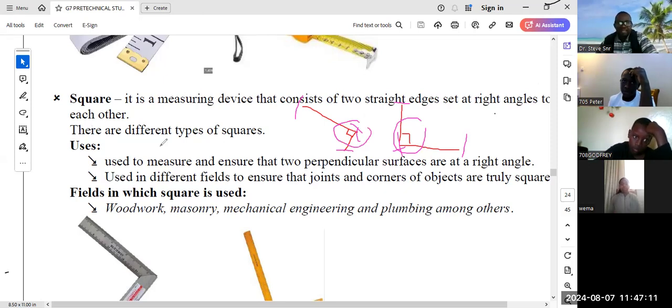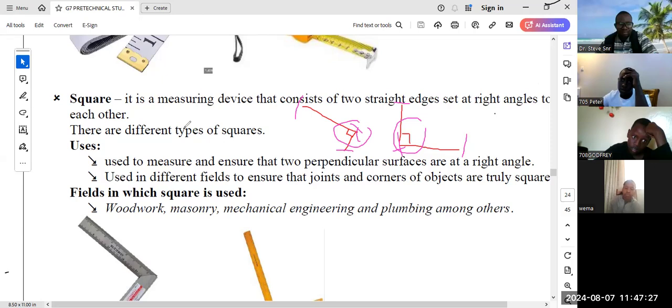There are different types of squares, and they are mainly used to measure and ensure that two perpendicular surfaces are at a straight line.